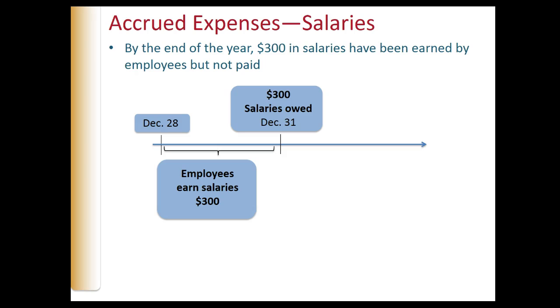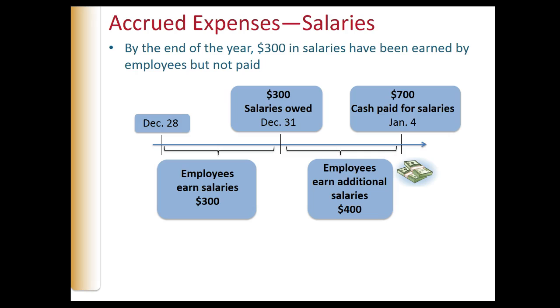But Eagle's not going to pay them until the end of the week of January 4th. However, Eagle needs to record the $300 of salaries expense in the period when they worked, which is the month of December. So, in other words, the company has to accrue the expenses in the same period when the work took place.